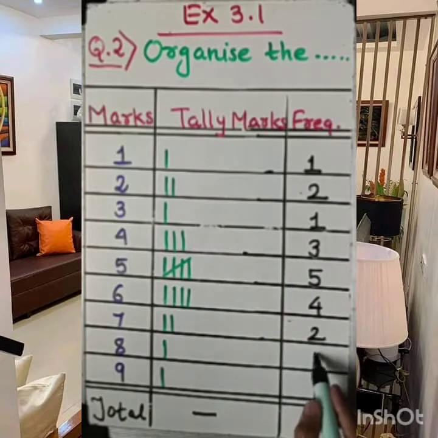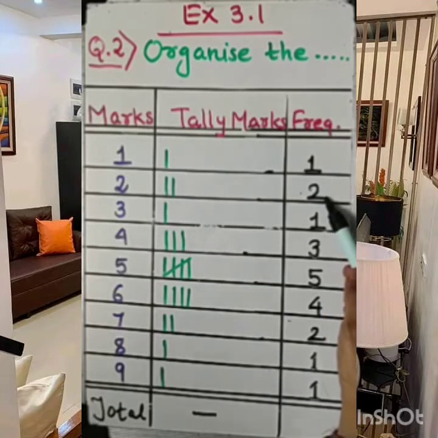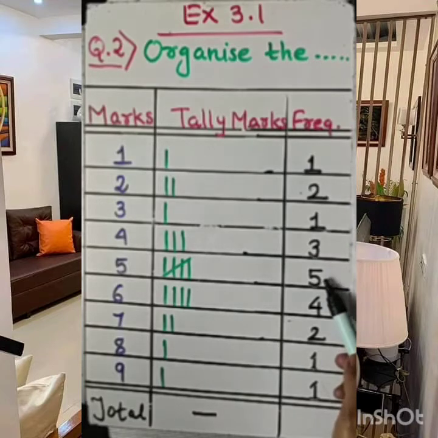Let's add all this. 1 plus 2 is 3, plus 1 is 4, plus 3 is 7, plus 5 is 12, plus 4 is 16, plus 2 is 18, plus 1 is 19, plus 1 is 20. So total frequency we need to write here, that is 20.